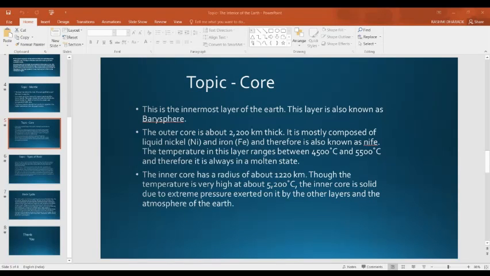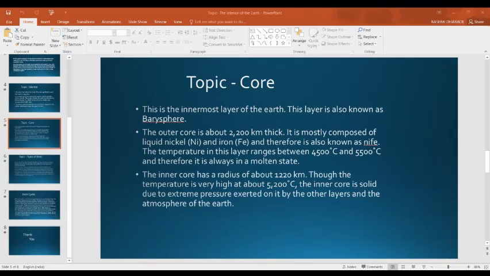Core. This is the innermost layer of the earth. This layer is also known as barysphere. The outer core is about 2200 km thick. It is mostly composed of liquid nickel and iron, and therefore is also known as NiFe. The temperature in this layer ranges between 4500 degrees Celsius and 5500 degrees Celsius, and therefore it is always in a molten state.